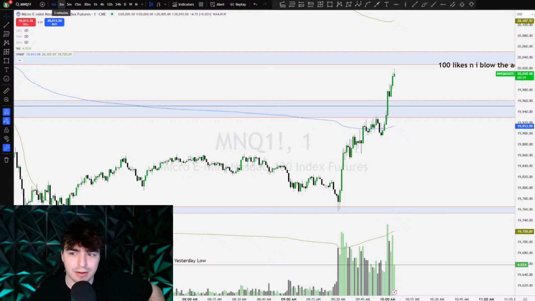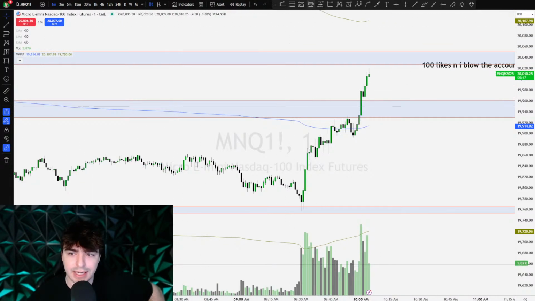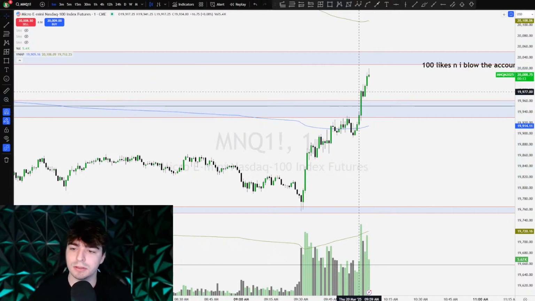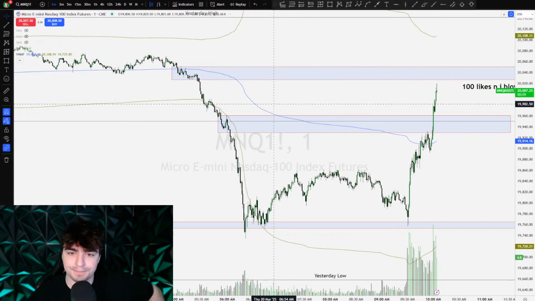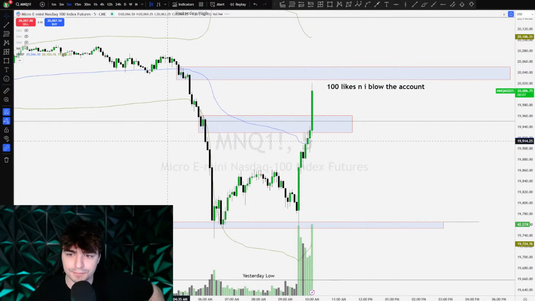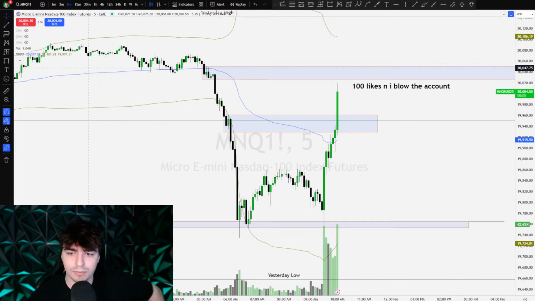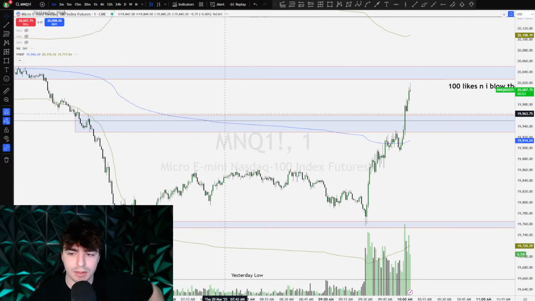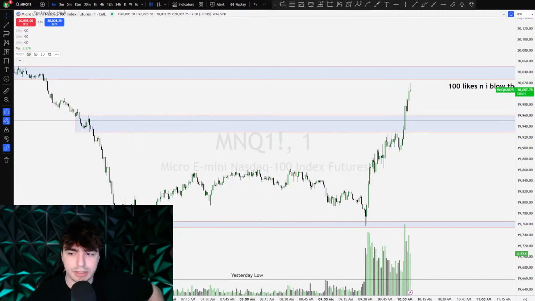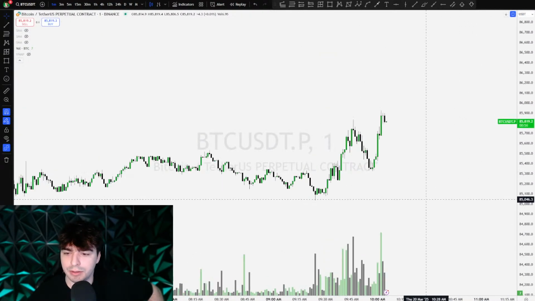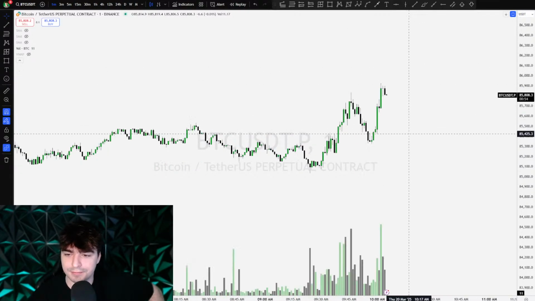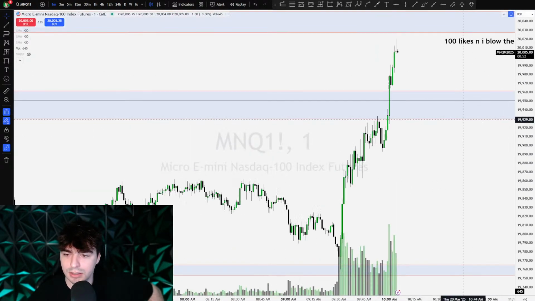On average, we move 500 points in a day, and just this swing is over half of that. Pretty strong move up. Bitcoin not really following through. Bitcoin looks like poop today.